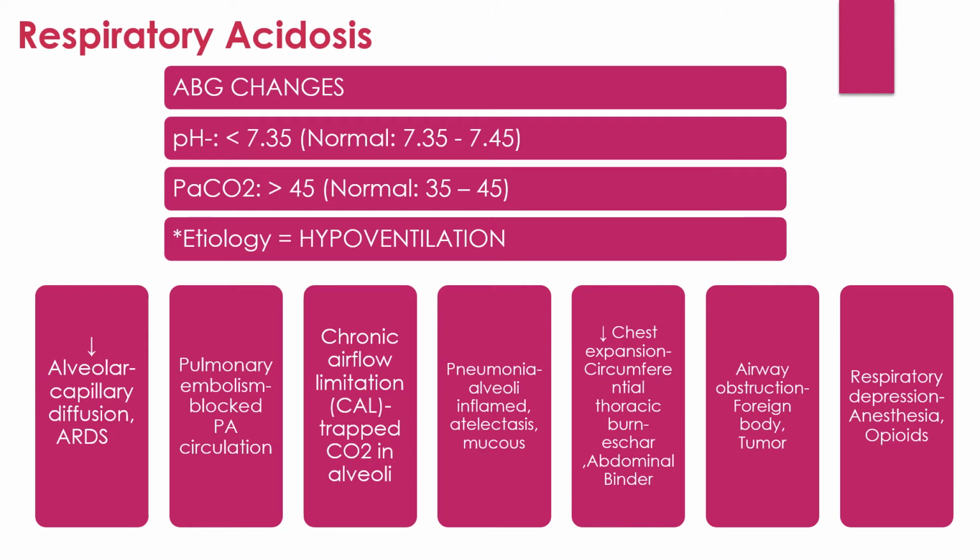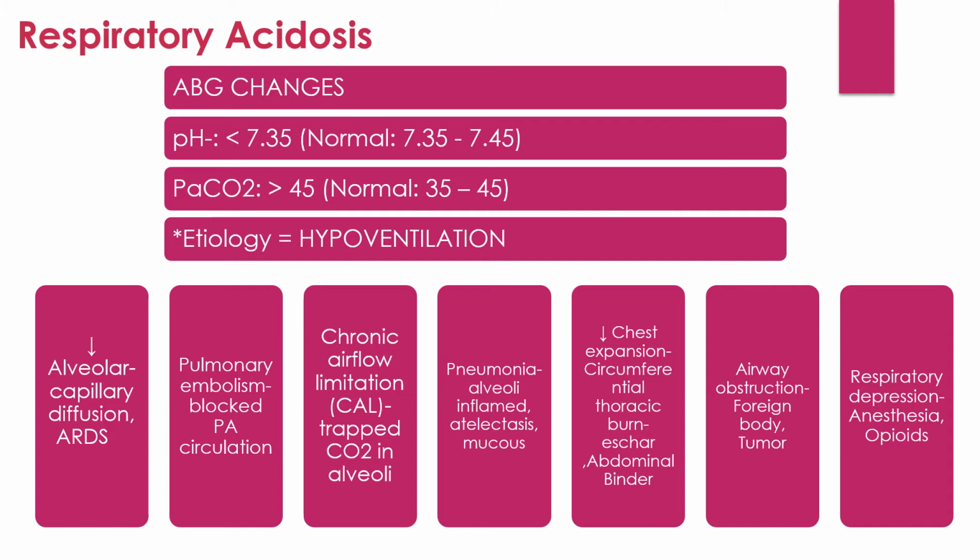Your PaCO2 will be greater than 45. The etiology, and this is circle, star it, write it in big letters, is hypoventilation. So when we're looking at the different causes for respiratory acidosis, we're looking at all the different reasons why a patient might have hypoventilation.